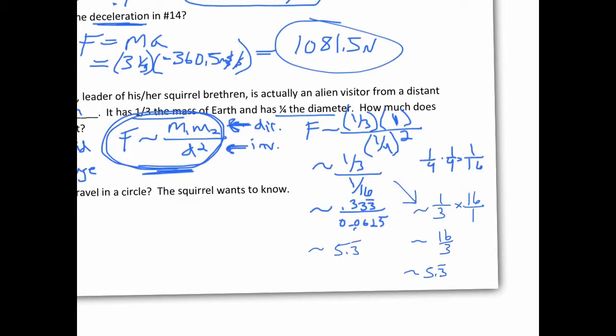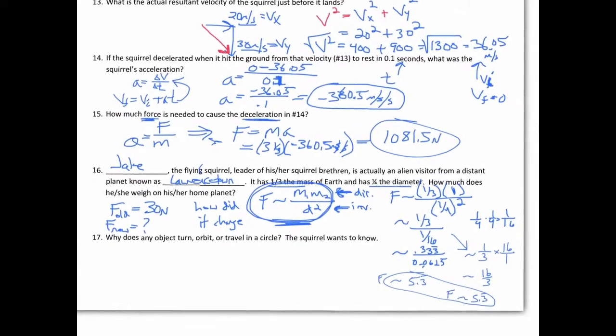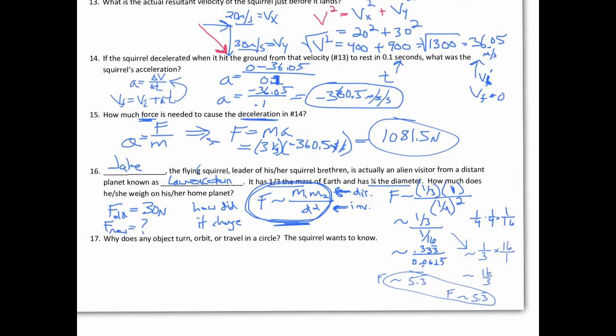If you like to convert it to decimals, divide them out, go for it. If you're comfortable rearranging the fraction, go for it. Whatever you do, you're going to come up with that. But remember, that's not our weight. That was how the weight changes. So the force is now 5.3 times as much on that home planet than it is on Earth. We want to know what that new force is.